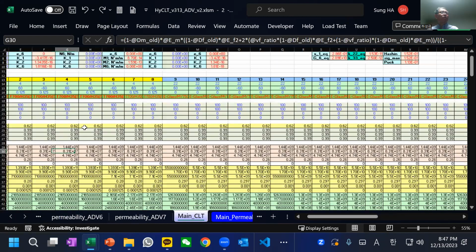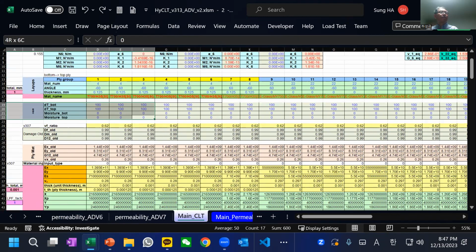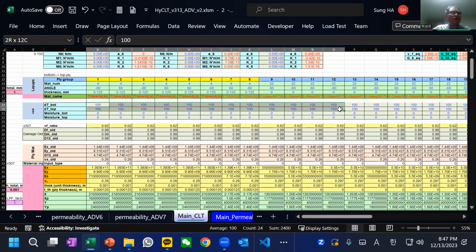Okay, that's one feature. This is one case we can try. And again, for uniform temperature, you can even try the temperature decrease or contraction. And then we can try many different layup sequences.